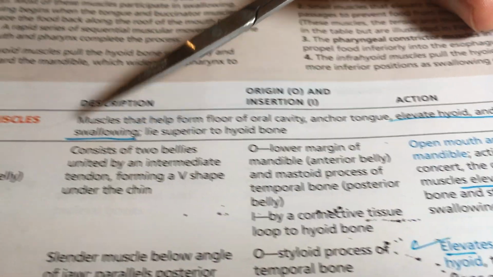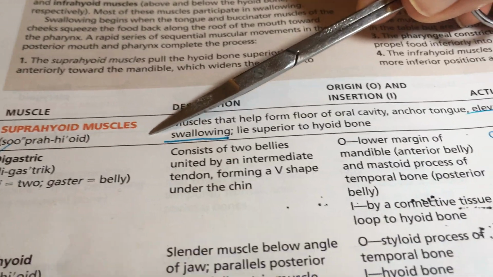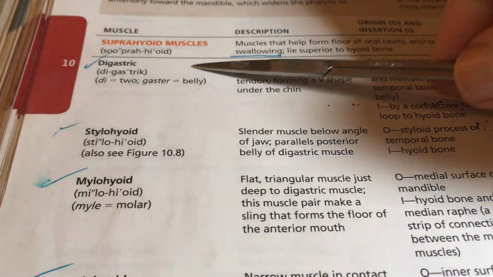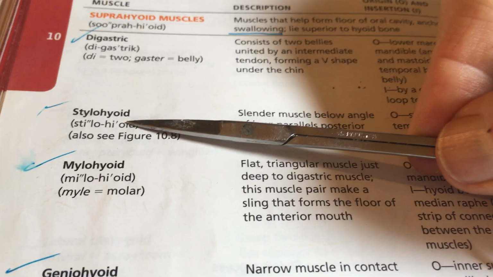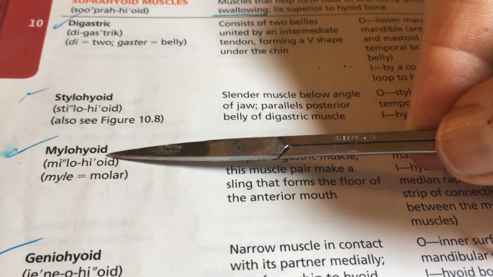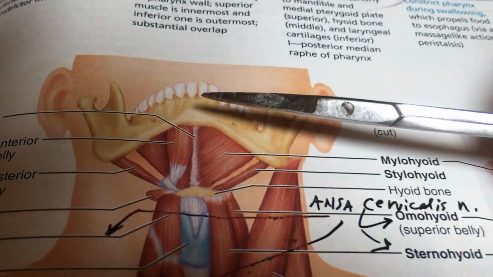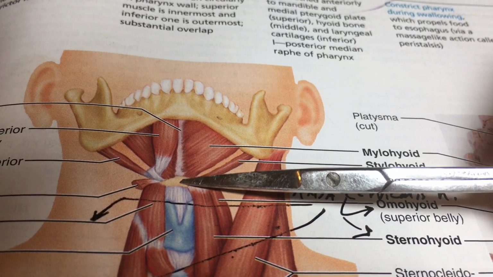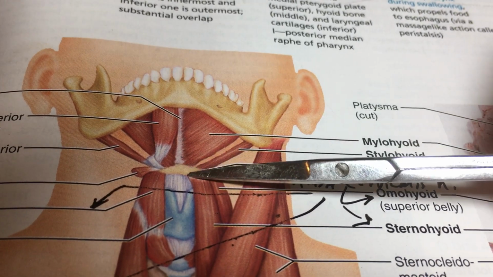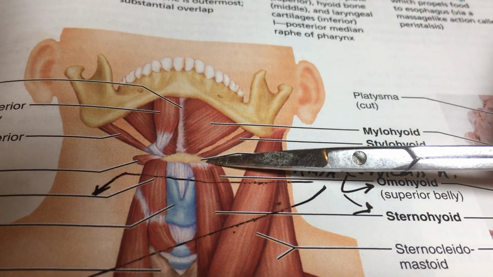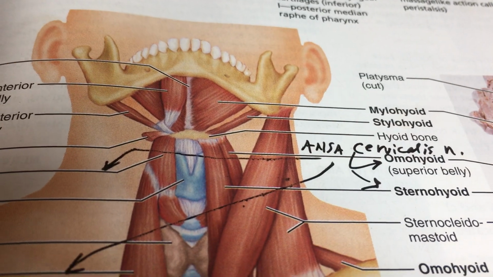That's what these suprahyoid muscles are for: the digastric, the stylohyoid, the mylohyoid, that's the floor muscle, and the geniohyoid.